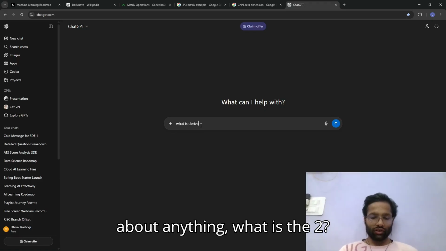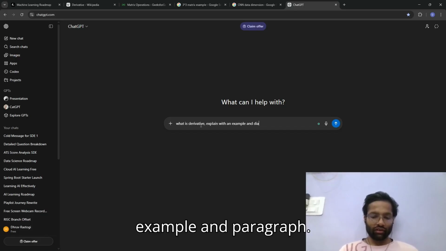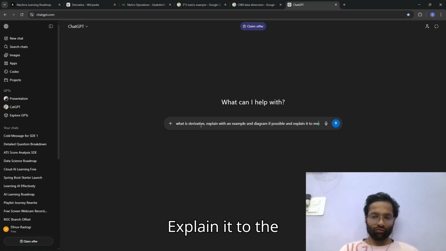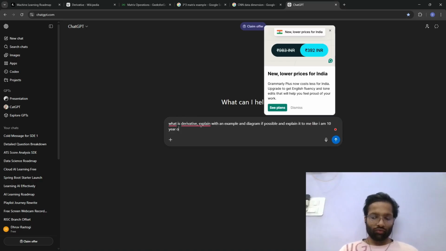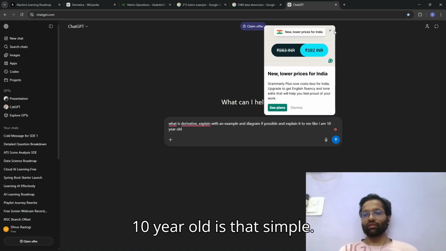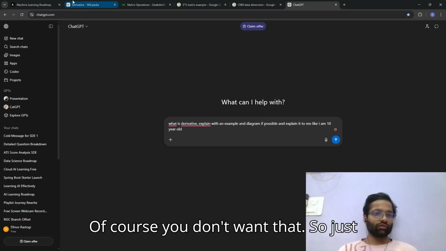Ask: what is this, explain with an example and diagram if possible, and explain it to me like I am a 10-year-old. It's that simple. Of course, you don't always want that.